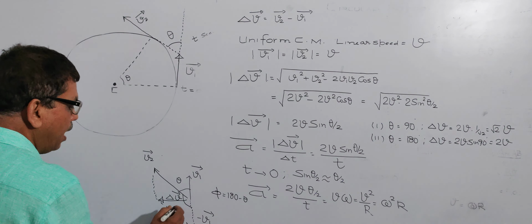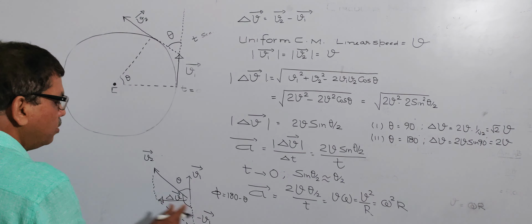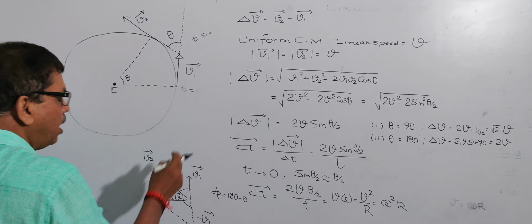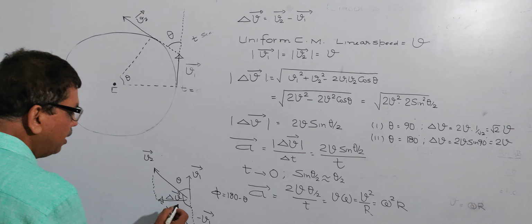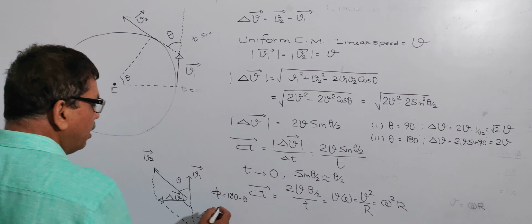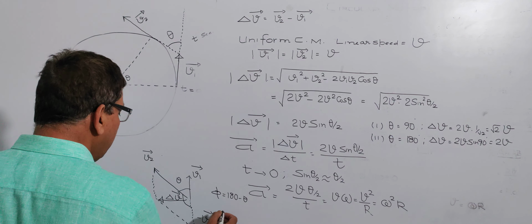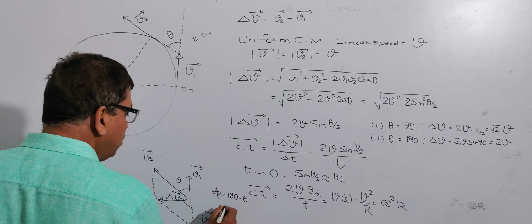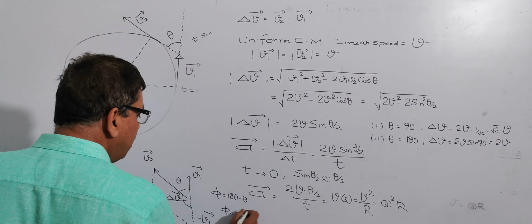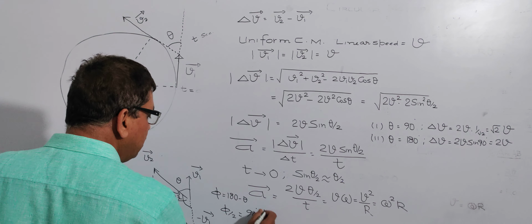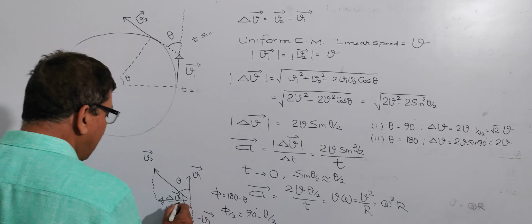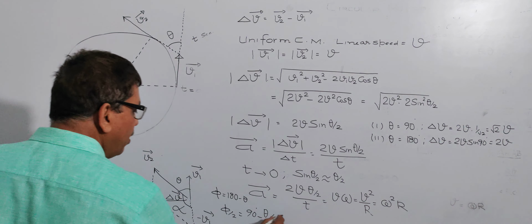This is phi, and the angle which it makes with the initial velocity vector can be written as this much, right? So this value of phi by 2 is nothing but 90 degrees minus theta by 2, and let us take this as alpha.